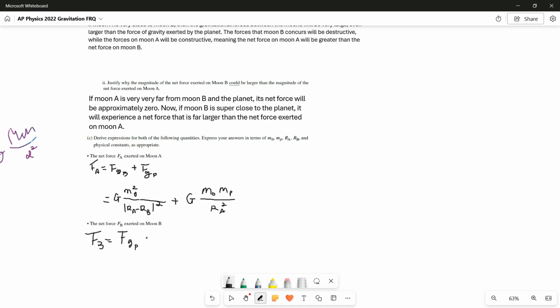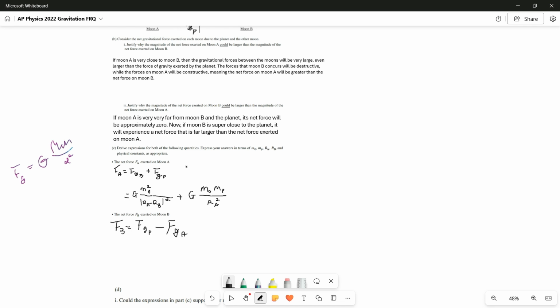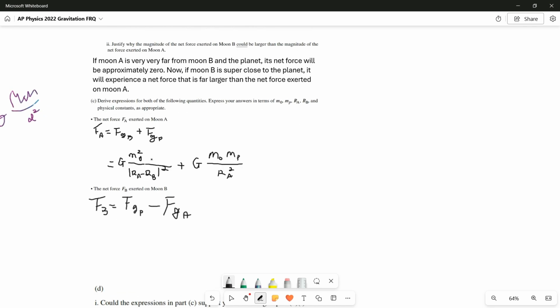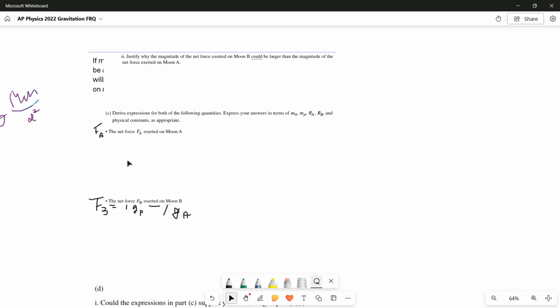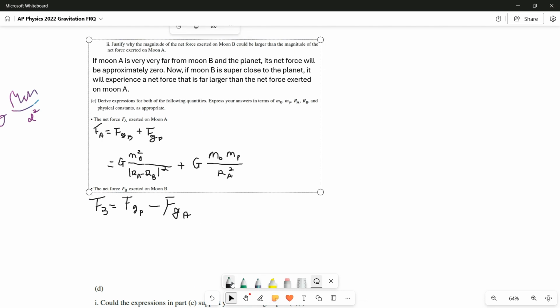FGP minus the force of gravity exerted by Moon A. Newton's third law says that these two values are actually the same, so all we really need to do is simply copy and paste this expression in. So we have G M naught squared divided by (RA minus RB) squared.